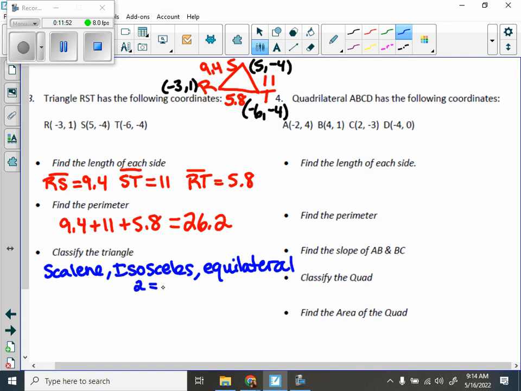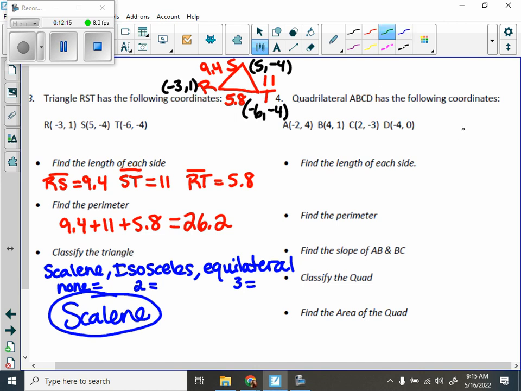Okay, 2 equal sides, and then what about equilateral? 3 are equal, and what about scalene? None are equal. So if you look at our picture, none are equal. Yeah, this is scalene. All right, we good with this? Good, good.